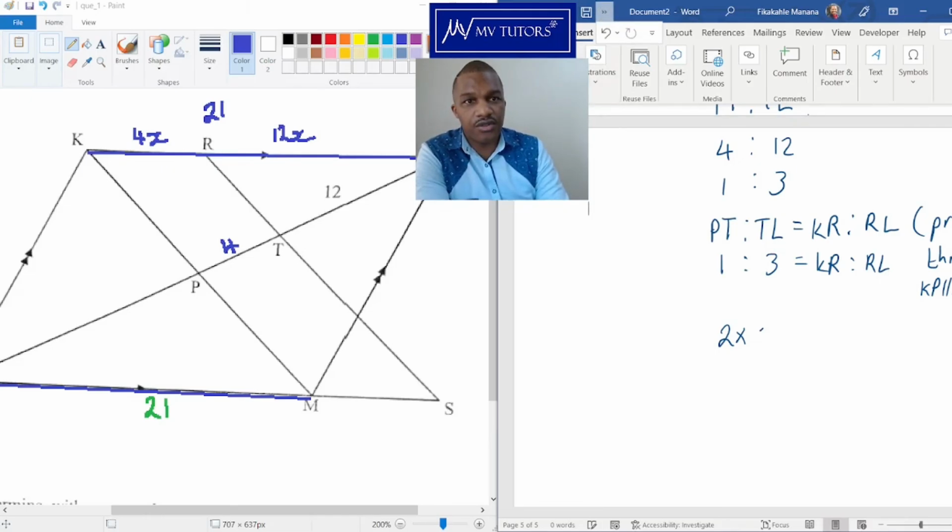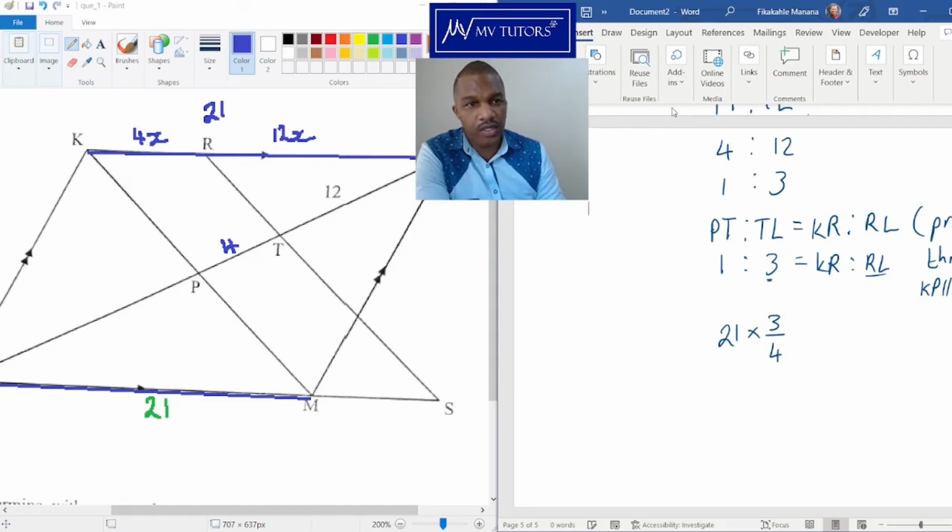21 times, you see RL is actually the ratio of 3 divided by the addition of both of them. 3 plus 1 is 4.